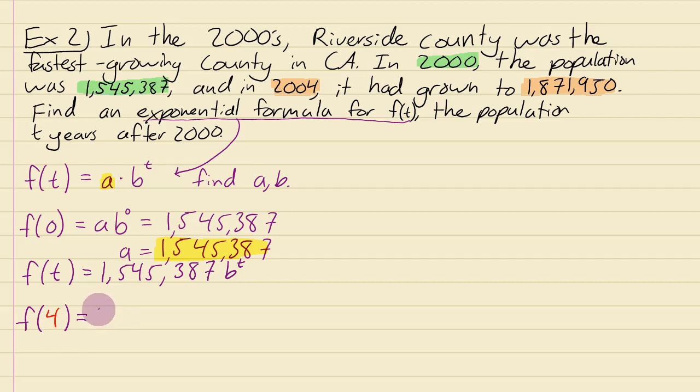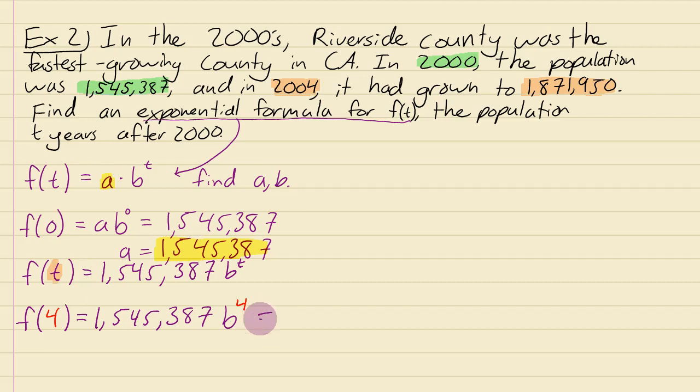The population is going to be 1,545,000, and so on, times b, which is still unknown, to the power 4, because we're plugging in t equals 4 there.